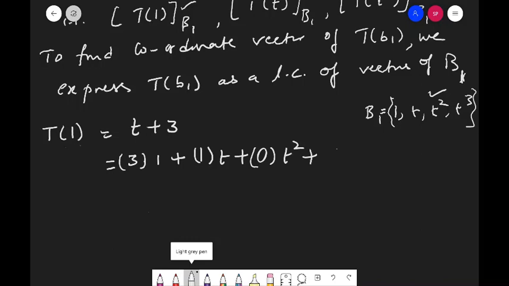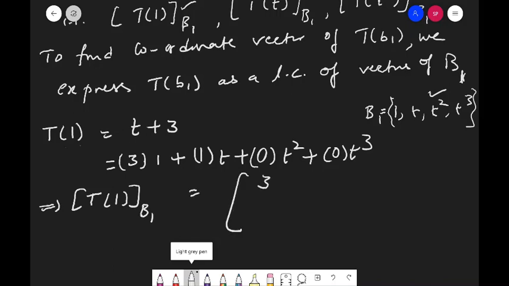I also don't have a t cube term, so I will write 0 into t cube. If I write like this, it implies the coordinate vector of T of 1 with respect to the basis B1 is 3, 1, 0, 0.